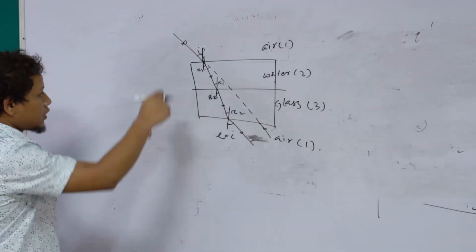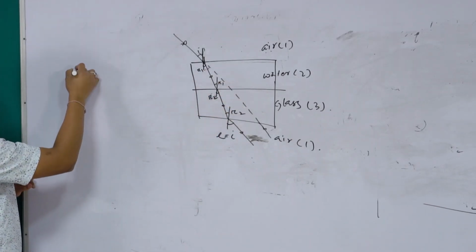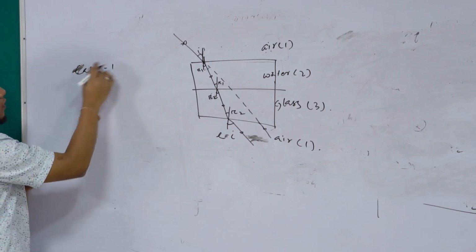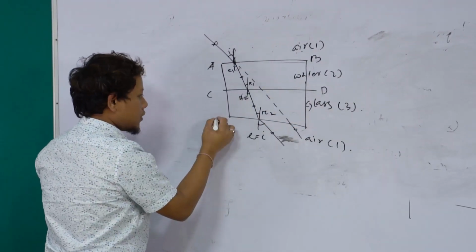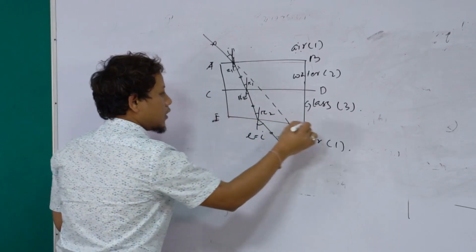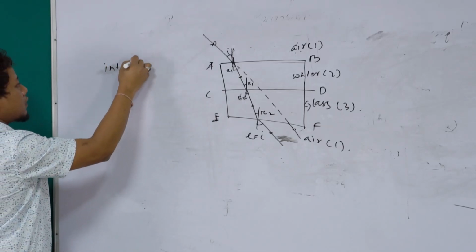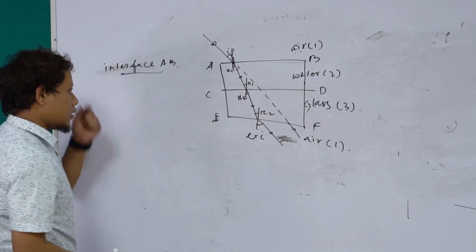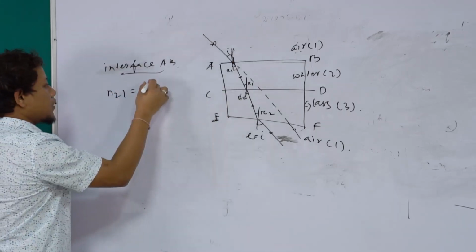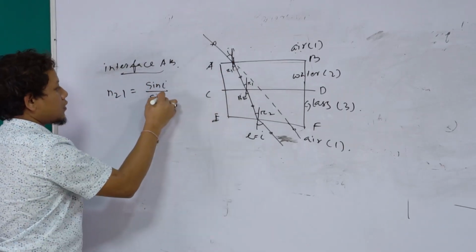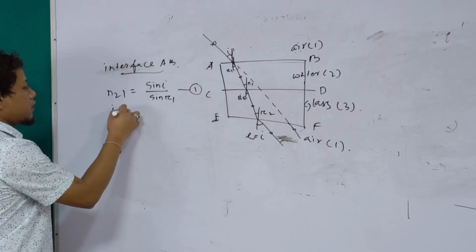Now, for the first interface, let's label the points A, B, C, D, E and F. For the interface AB, we can write the refractive index of medium 2 with respect to medium 1 as sin I divided by sin R1, equation number 1.